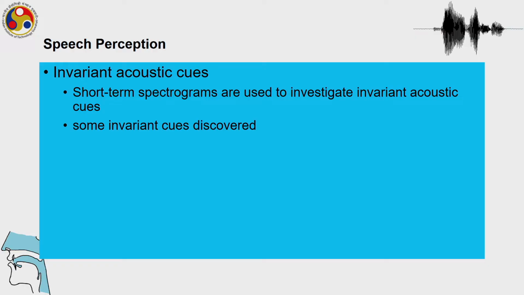So, in acoustic research, there has been research on invariant acoustic cues. Short-term spectrograms are used to investigate invariant acoustic cues. Some invariant cues have actually been discovered for speech.